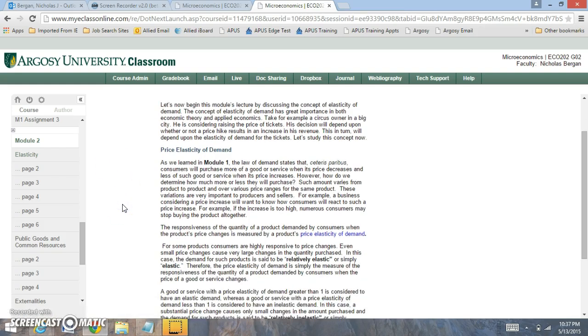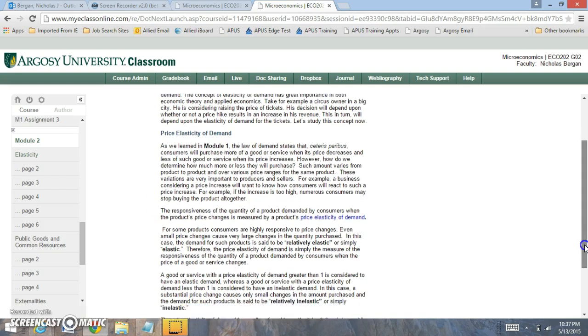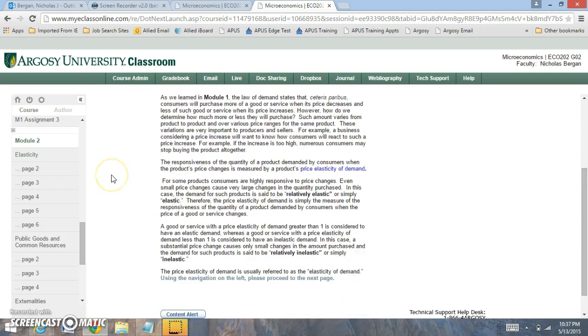Now, there are two types of elasticity. Elasticity is looking at consumers' responsiveness to price changes. An elastic good is a good where, when there's a price change, there's a large change in quantity demanded. An inelastic good is when there's a price change, there's a small change in quantity demanded.